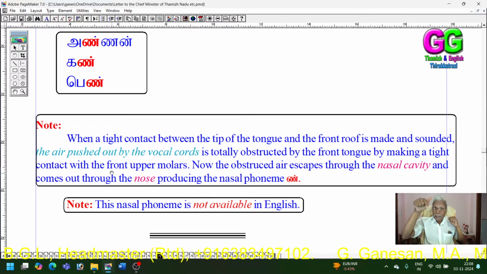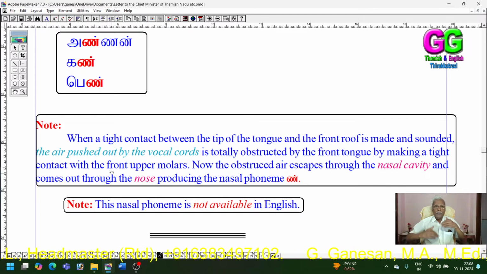But in the case of ன, the tongue is having a tight contact with the front upper row.